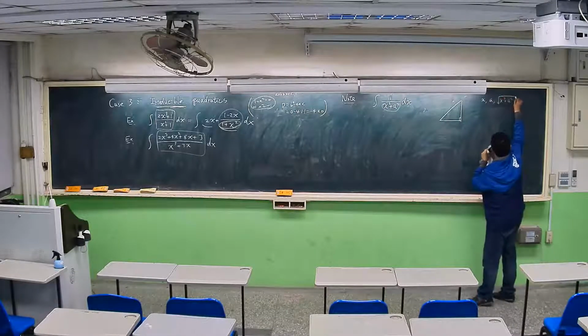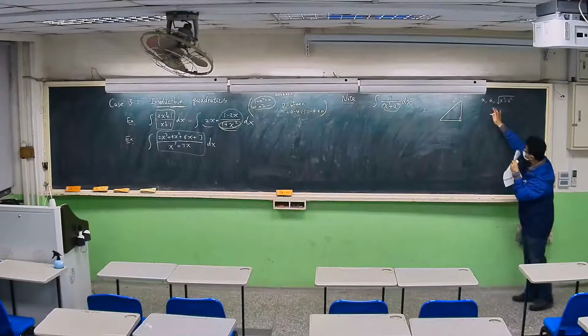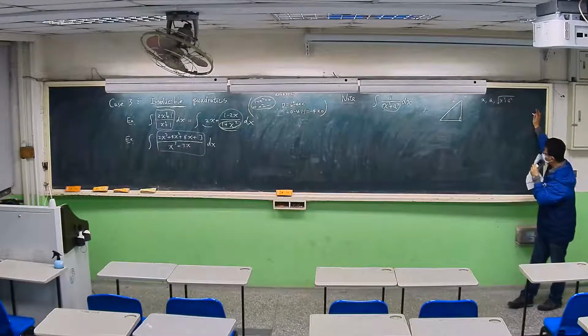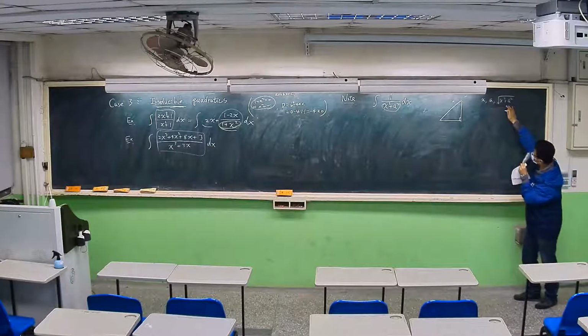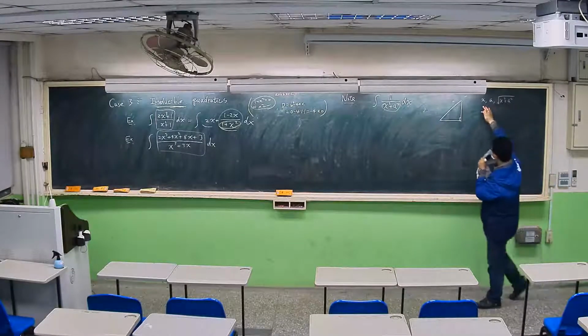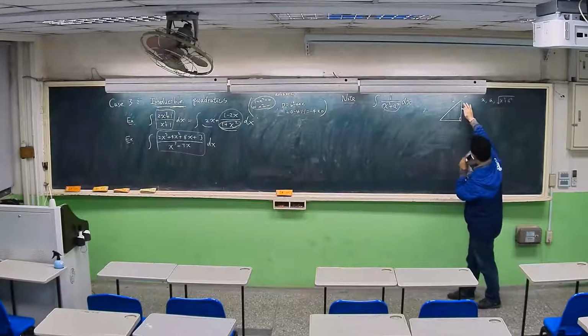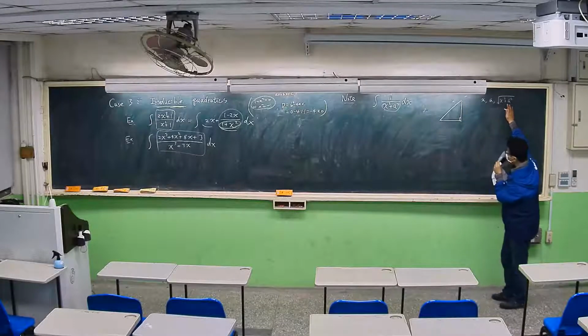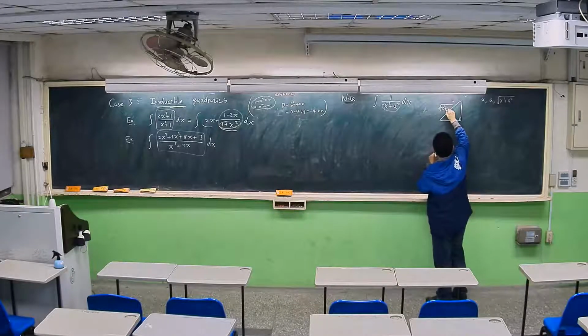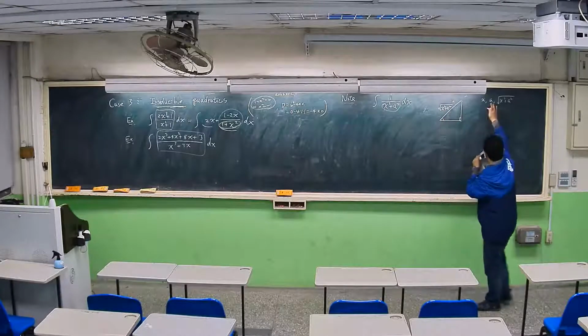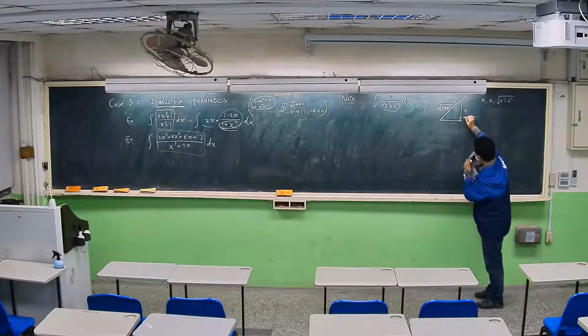If you consider these 3 numbers, which one is the longest one? Of course, it will be this one. And we will put these 3 numbers in this right triangle. It's the longest one, so it must be the hypotenuse: square root of x squared plus a squared. And x and a, x could be here or x could be here.